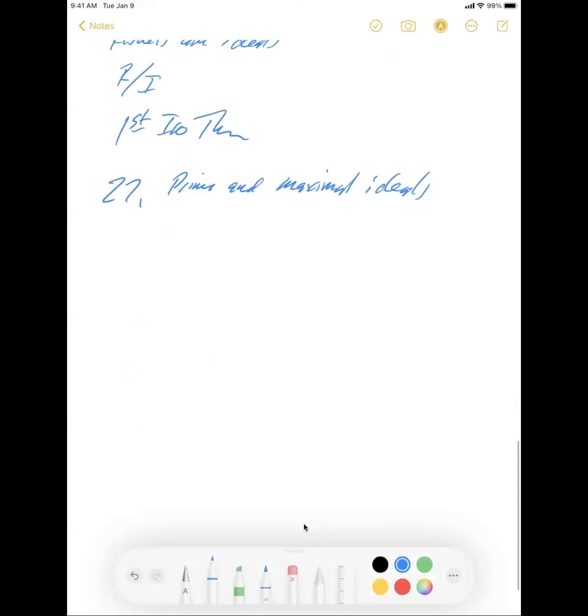Let's see. Oh, in a commutative ring with one, an ideal I is equal to R if and only if I contains a unit.